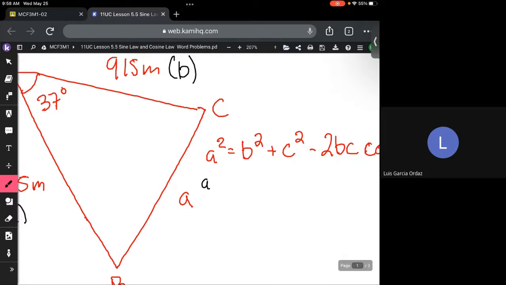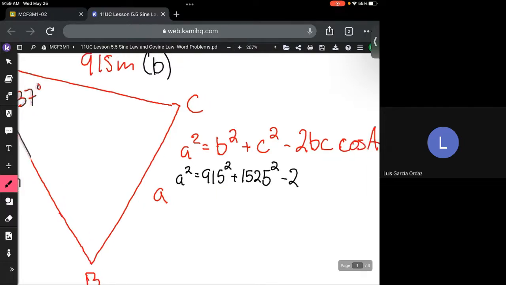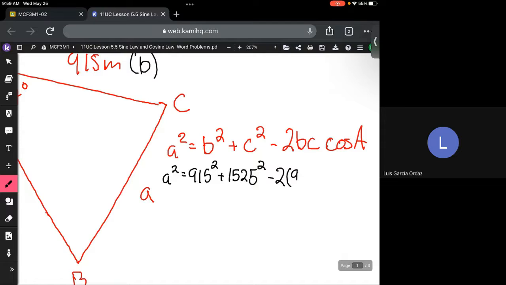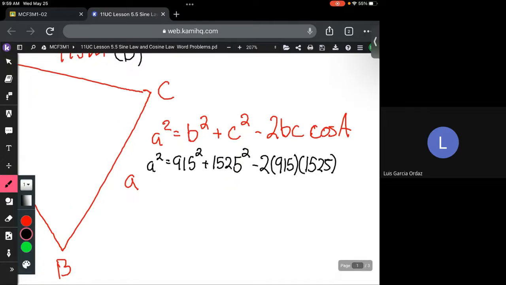A squared is equal to 915 squared plus 1525 squared minus 2 times 915 times 1525 times cos of A, which is 37.